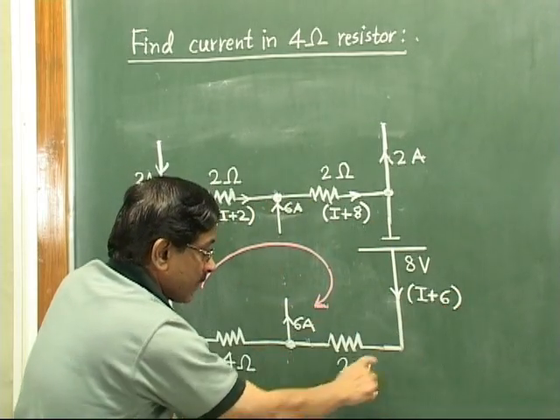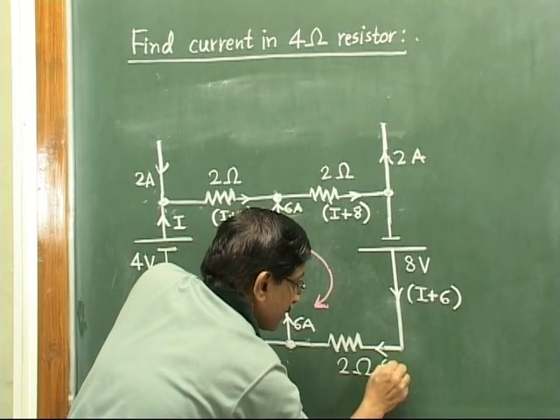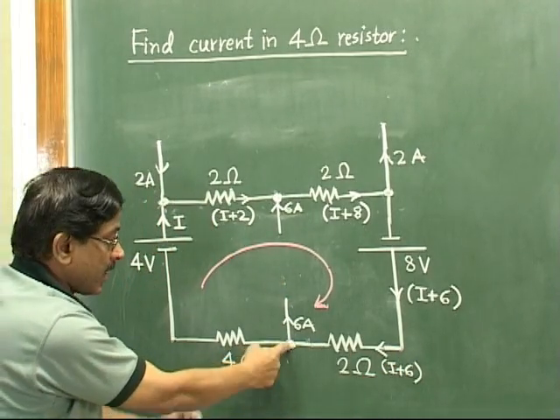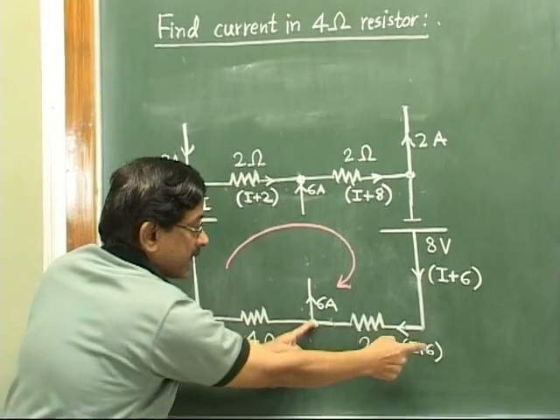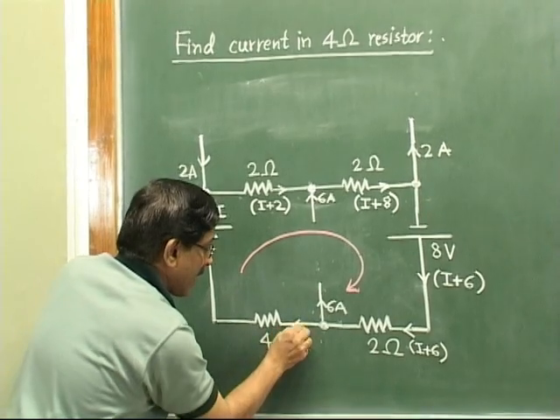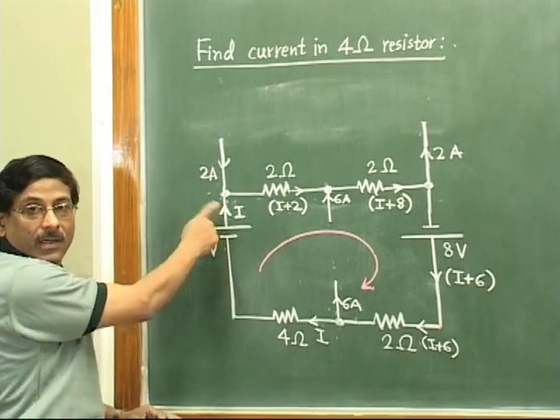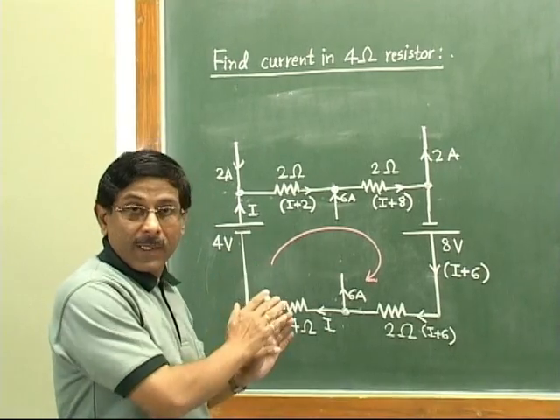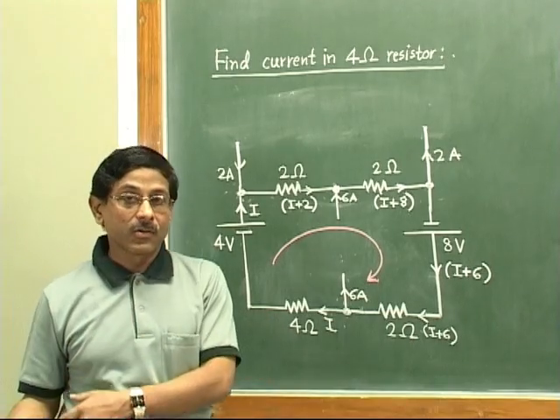Now this I plus 6 will flow ahead. Here also it will be I plus 6. Now I plus 6 comes over here. Out of that, 6 is going out from here. So I plus 6 minus 6 will be current I. And see here the current I matches our current distribution. So this is the simple idea for solving problems having mixed types of sources, voltage sources or current sources.